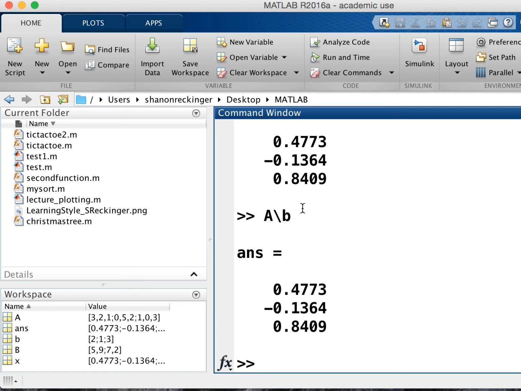I'm putting primes here because the ones that have primes have gotten operated on. If there's 1 prime, they got operated on once. If they have 2, they got operated on twice. But the basic idea is you want to reduce the array so that these are all 0. And then you can see that it's pretty straightforward to back substitute.